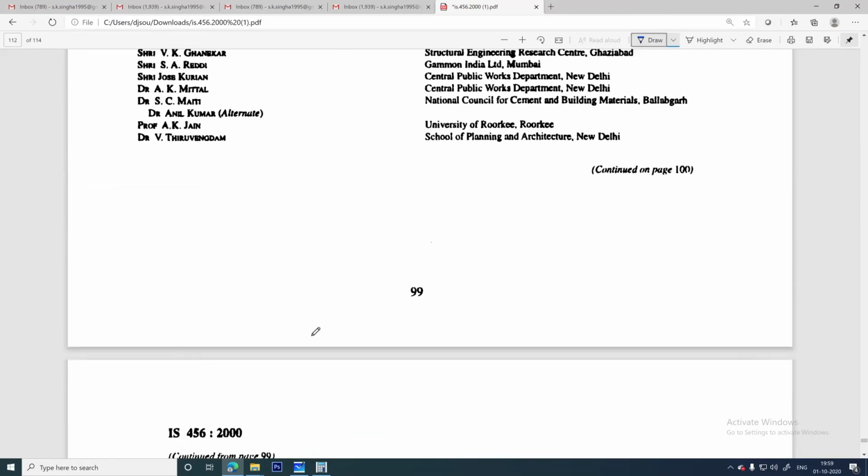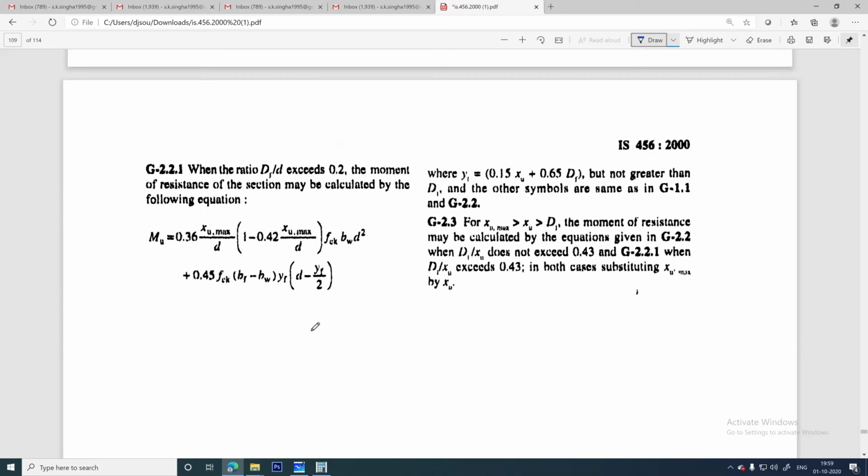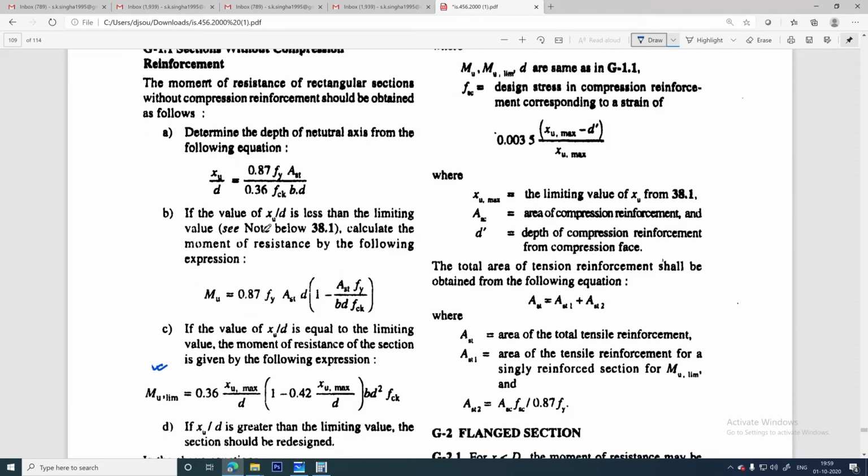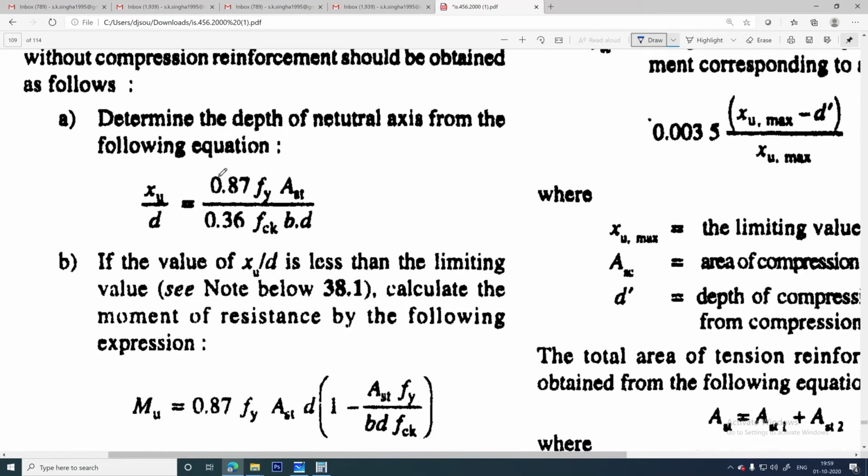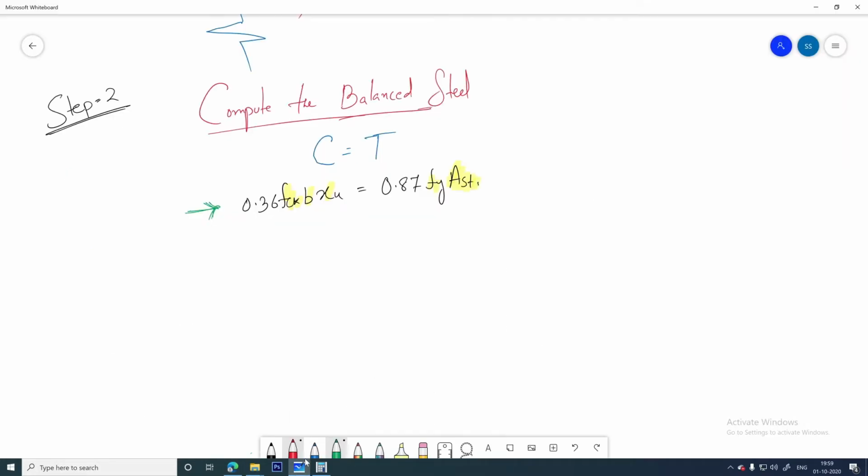If I show you this one, you can see this formula, and this is the same formula that I have written over there, only the representation is different. Here if you deduct this d from both sides, it will be the same as the formula that I have written over here, that is 0.36 fck b xu equals 0.87 fy Ast1.